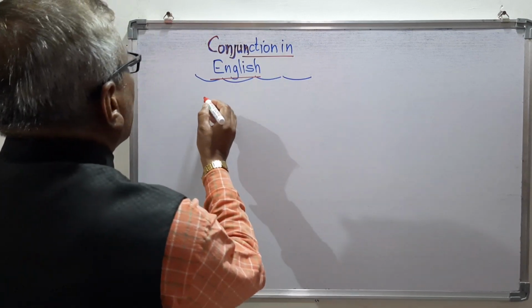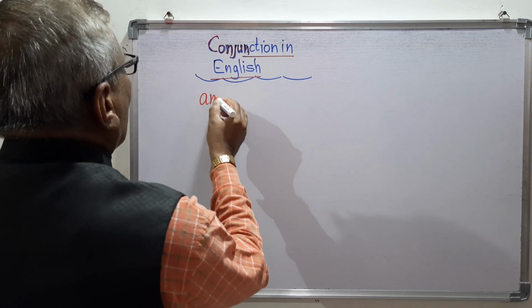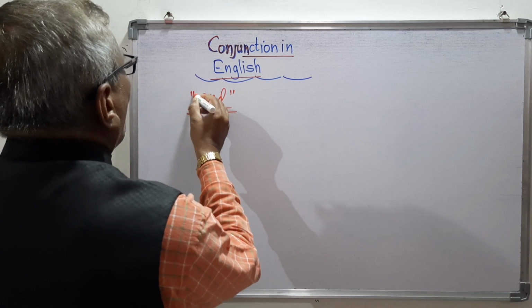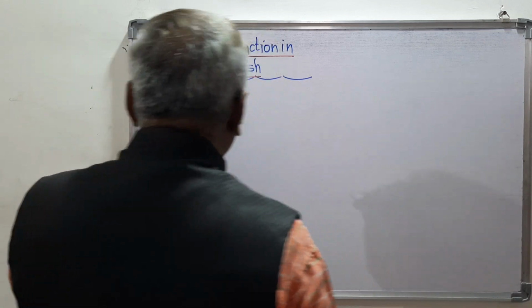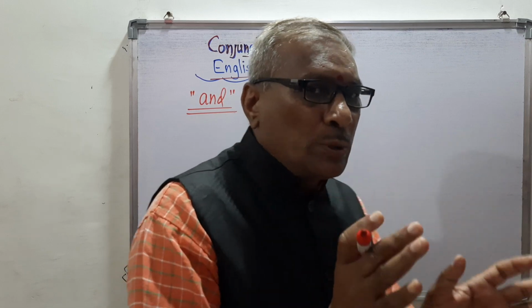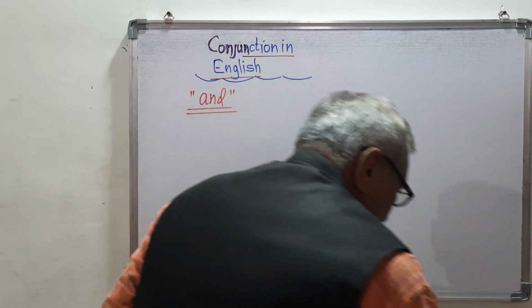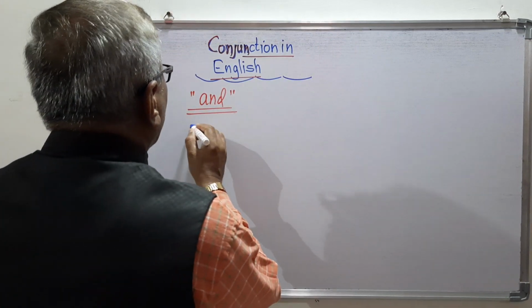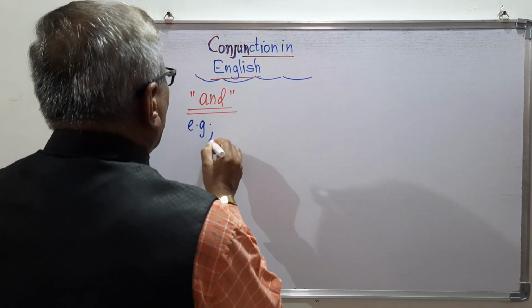Now I will discuss the first conjunction, and that is "and". What is "and"? We can say Ram and Sham, Mohan and Sohan. This "and" is the conjunction, and it joins two sentences.